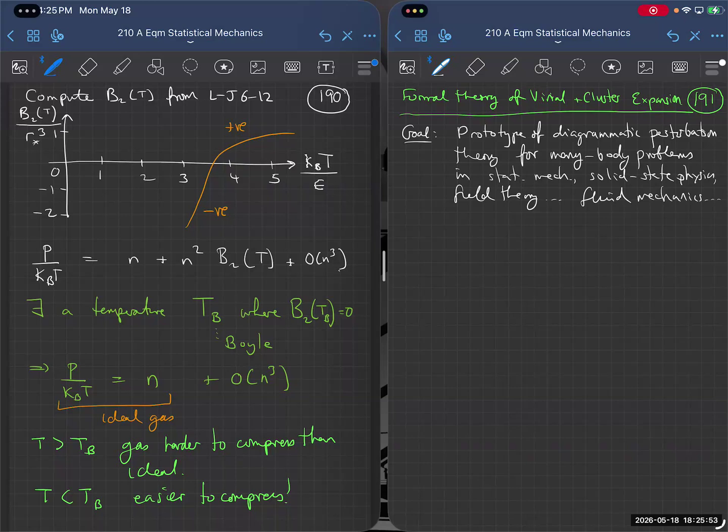So the goal is to say, I'm going to write down P over k_B T as an expansion like this. And I want a recipe that will enable me to calculate any virial coefficient that you give me.